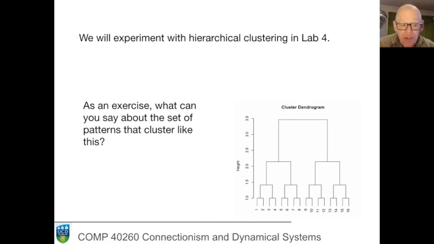Well, what we'd have to say about this particular data set is that the tree shows us that there are no inherent similarity relationships among the patterns at all. Everything seems to be as similar to everything else. There's no asymmetries, there's no structure there. So this might be the kind of tree we would get from, for example, a bunch of localist representations. So we'll be playing with that in Lab 4.